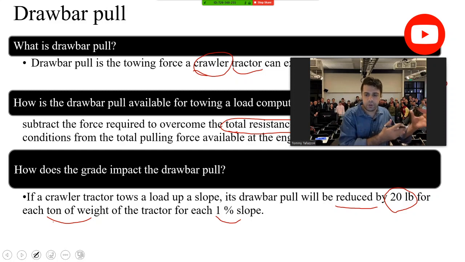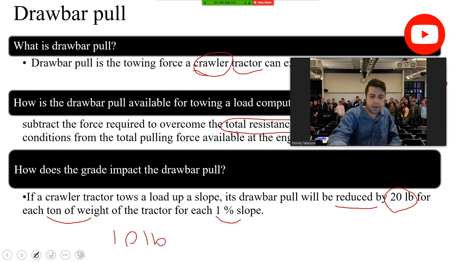So you can actually create an equation for this. It will be reduced by 20 pounds for each ton of weight. For example, if the machine is 10 tons, and if it is going up a hill with 5% grade, for each 1% it is like this.